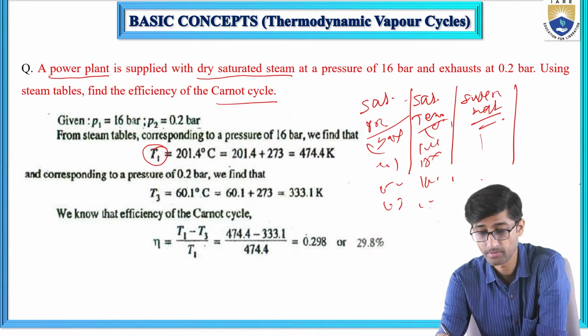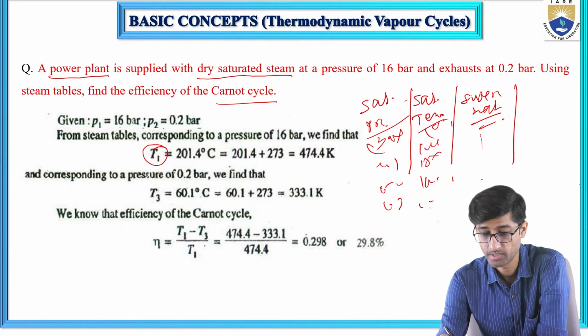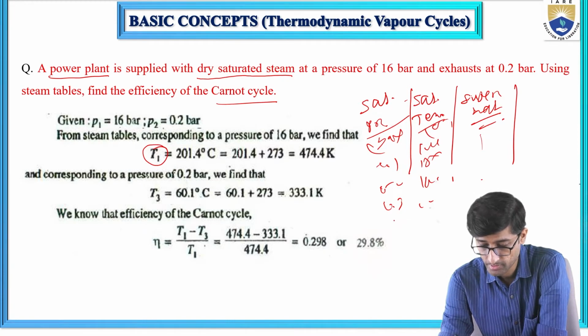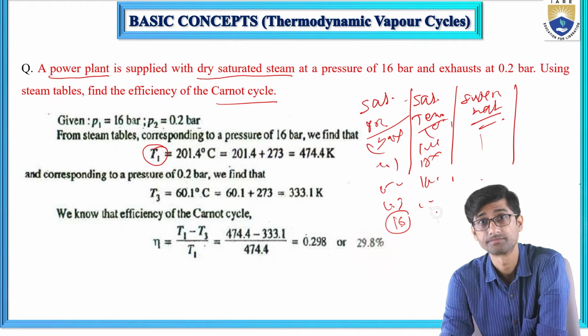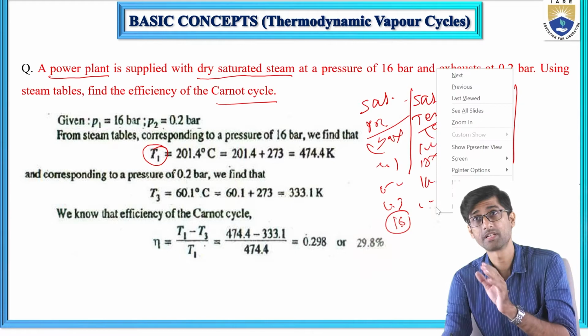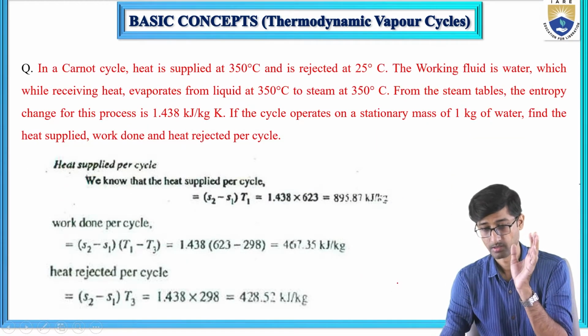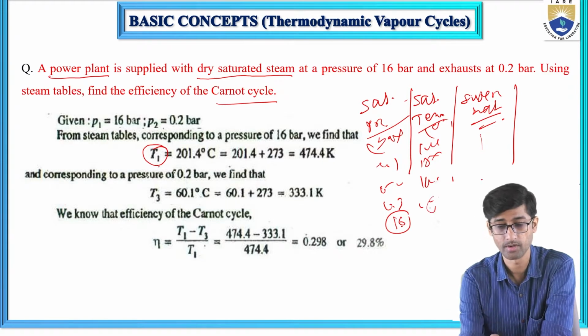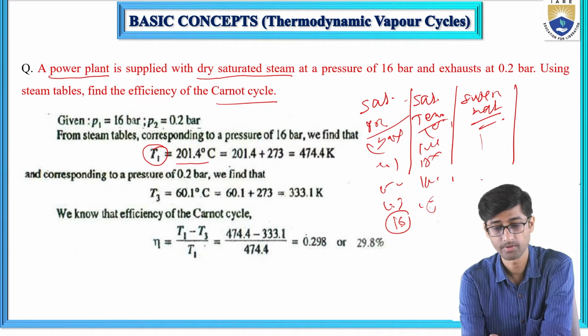Now we look at the saturation pressure table. Where is the pressure 16 bar? Suppose 16 bar is here. What is the corresponding temperature? From the steam table at pressure 16 bar, that temperature is called T1. So that is 201.4 degrees Celsius.